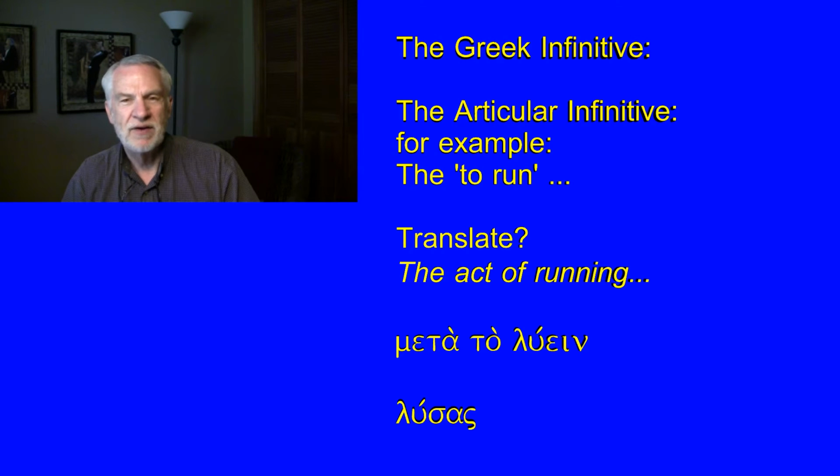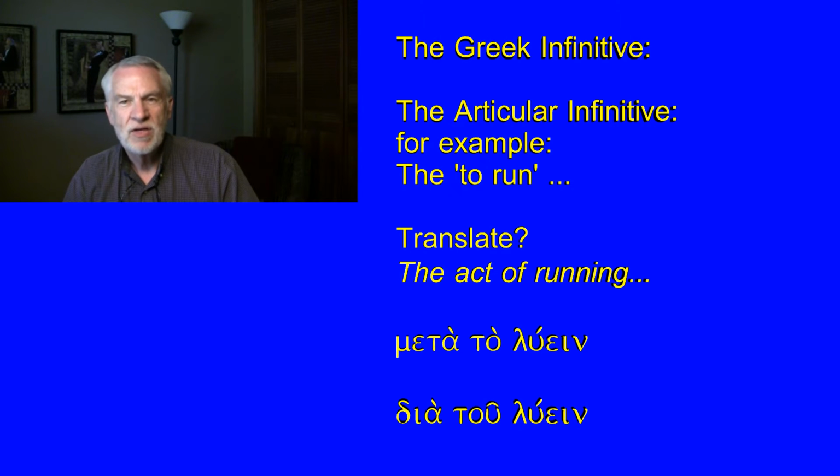You want to keep an eye on that because sometimes the case of the article is going to depend on the preposition that's being used. If I were to say dia, tou, that is "through the act of," then I want to be sure that I have the article in the genitive case, even though the infinitive is going to look the same.